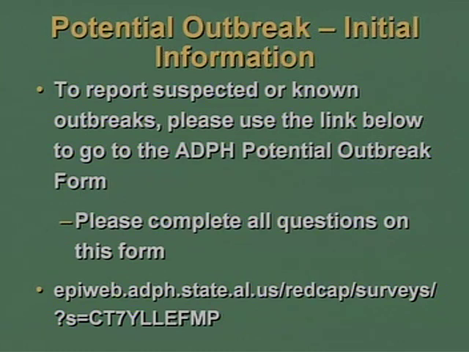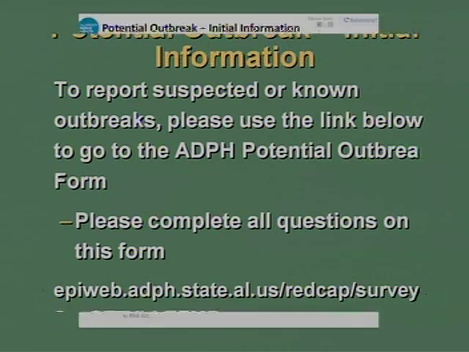Then the next part that's important is, is the patient associated with a school, university, or daycare? You want to check yes. And then it asks for you to give the school's name and what grade they're in. Okay, that is real important as well.